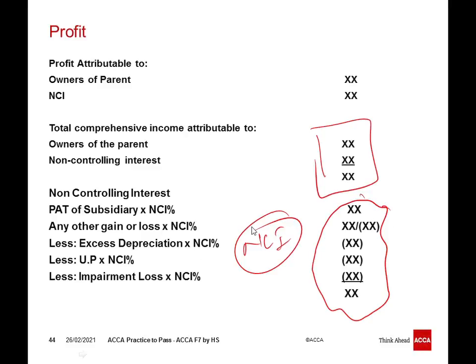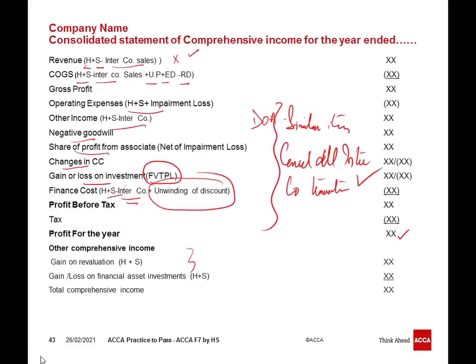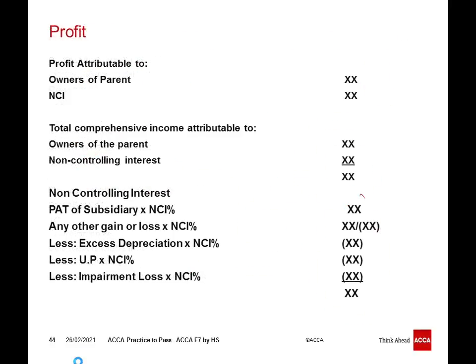If you follow this format, you will have the value of the NCI, and the balancing figure will always be the share of the parent company. So this is the format. The income statement is comparatively very easy to understand and handle as compared to the balance sheet.